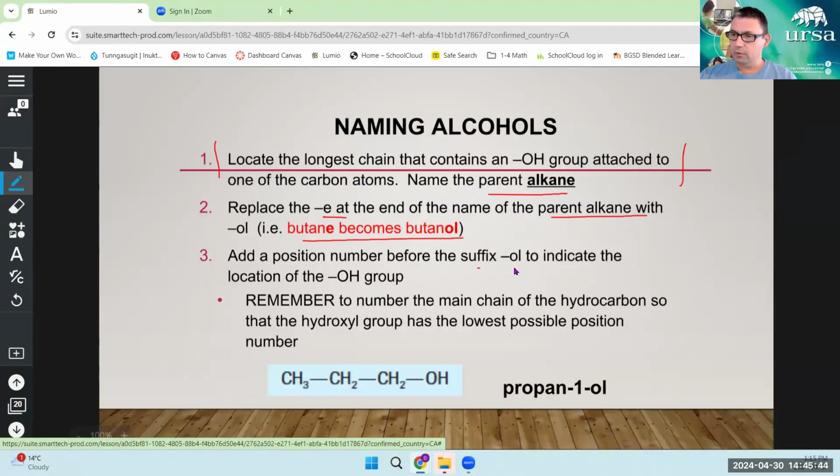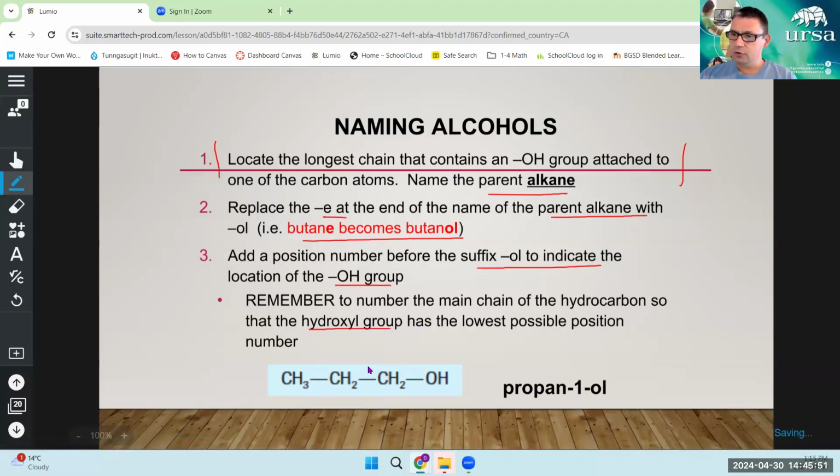You add a position number before the suffix to include the location of the hydroxyl group. You give the priority to the hydroxyl group. So this would be propan-1-ol. If it was located at this carbon, it'd be 2-ol. This carbon, still 1-ol, still the beginning.